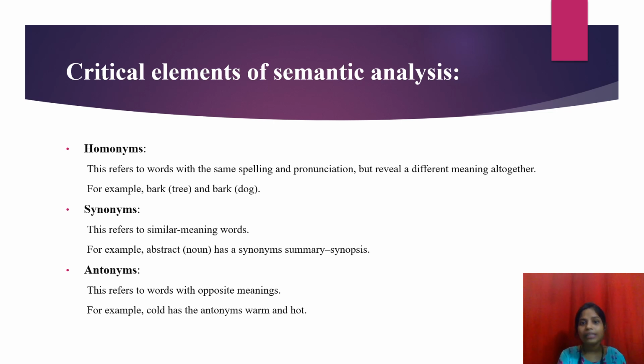The next one is synonyms. These are words that have similar meanings. For example, abstract and summary are synonyms because they both convey the idea of summarizing something. And the last element is antonyms. These are words with opposite meanings. For example, cold means the opposite of warm or hot.